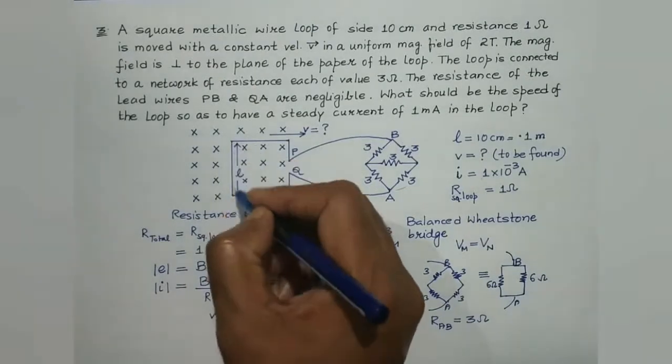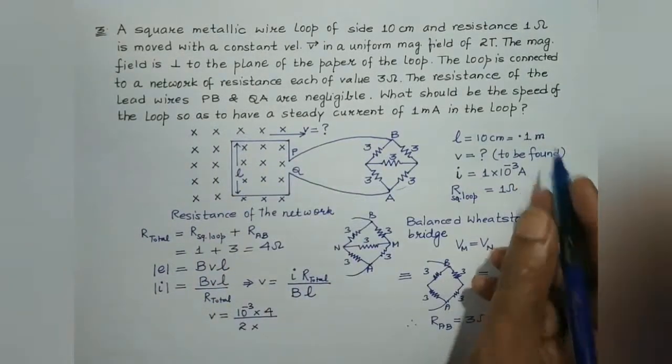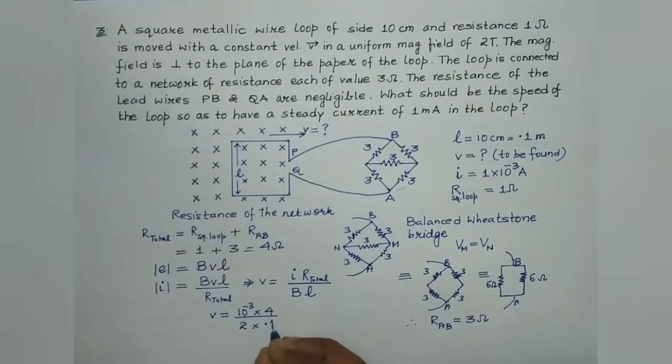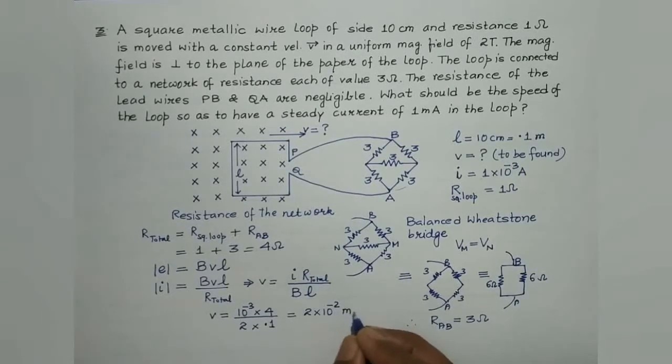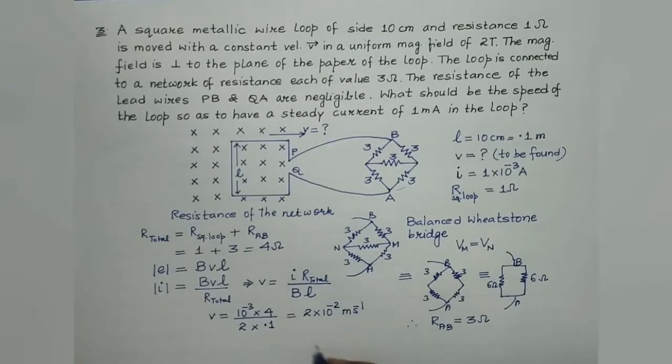And the length, this length I'm talking about, is given to be 0.1 meter. So what do we get? 2 into 10 raised to the power minus 2 meter per second, or it may be written as 2 centimeter per second.